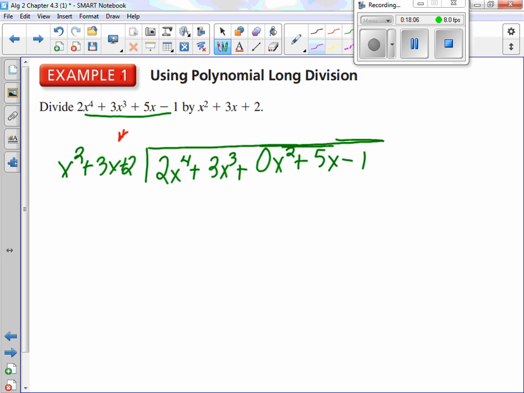Now, our first main step after getting it set up is trying to eliminate the first term. The term inside farthest to the left, which would be 2x to the 4th. So the main question I ask myself is what times x squared gives me 2x to the 4th?